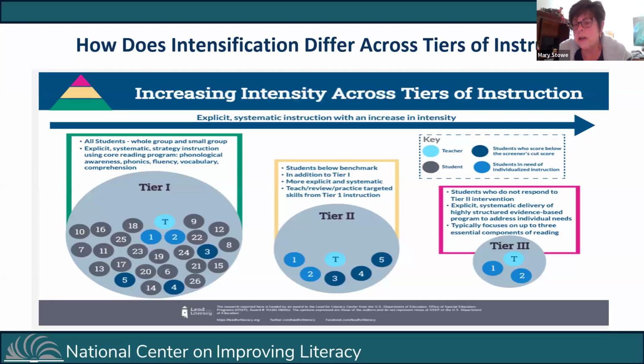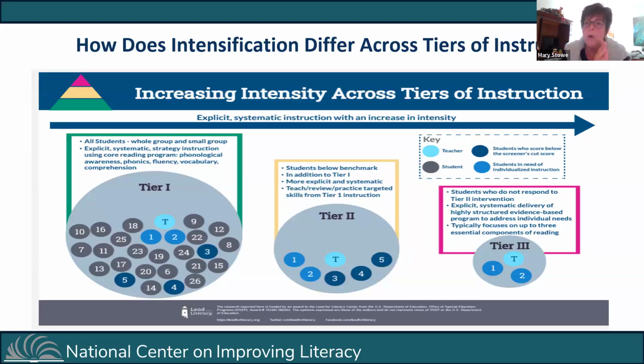And with much of the work that we're hearing these days, we also are encouraging the use of explicit instruction at tier 1 as well, because we're capturing more students with explicit instruction. What we do know is that explicit instruction harms no child. It's critical for some children, and it's really necessary, or it's perfectly fine for other students as well.